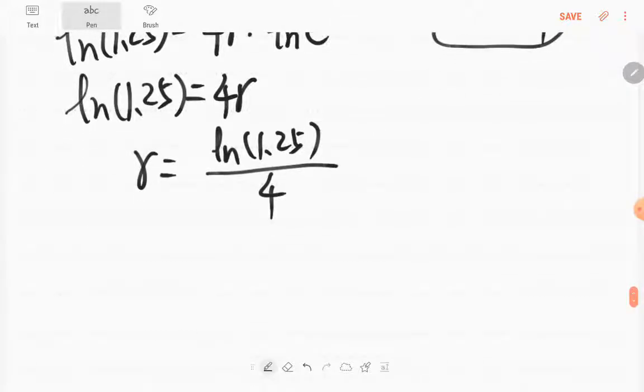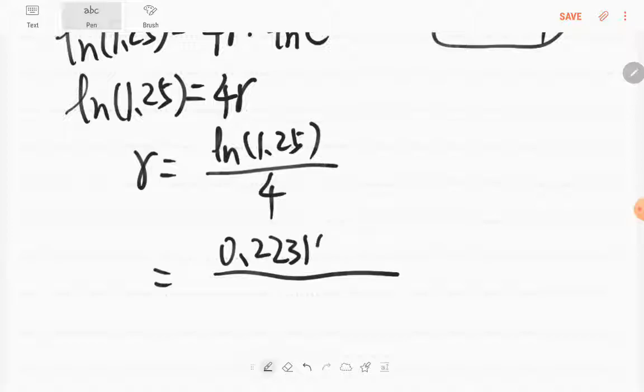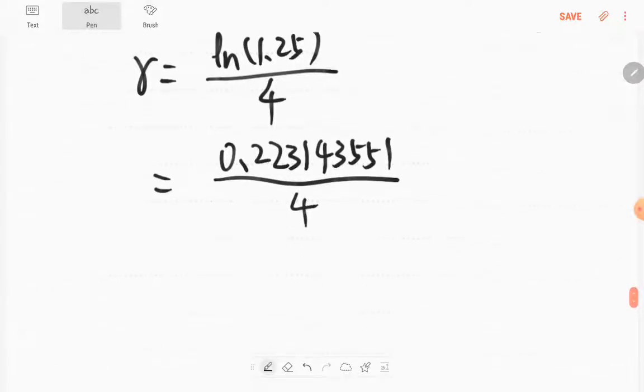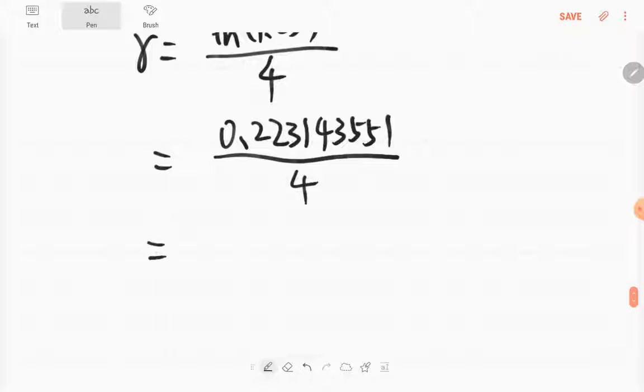If you use a calculator, the top is equal to 0.223143551. Okay, then divided by 4. So this would be 0.055785888.